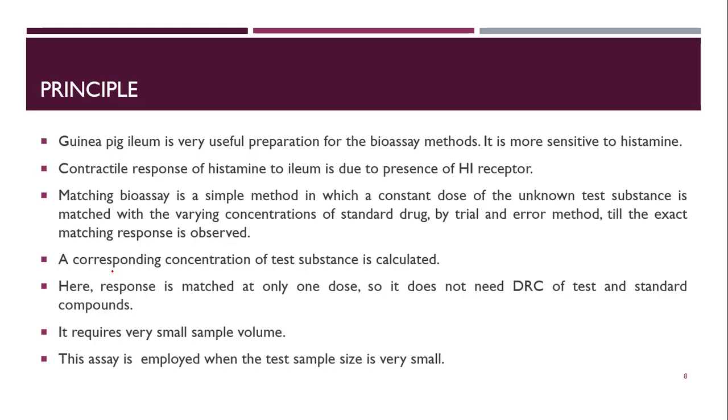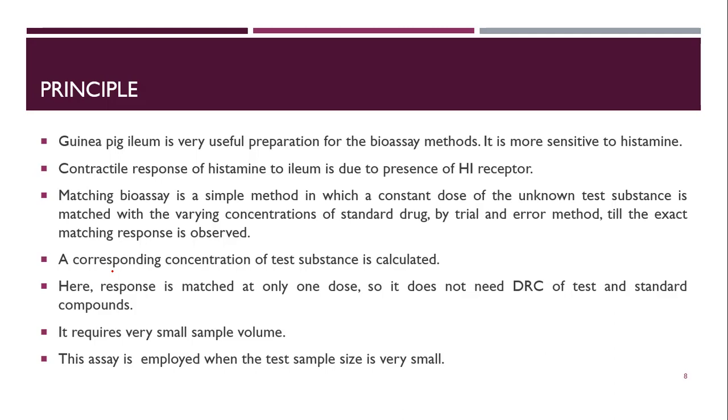So the first objective is that we have to match the response height of the standard with that of the constant dose of the test. Okay, so once that gets matched, we can calculate the concentration of the test substance. Here the response is matched at only one dose, so it does not need a DRC of the test and standard compounds.